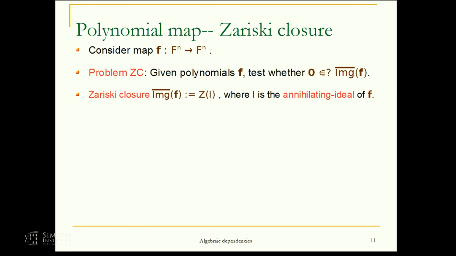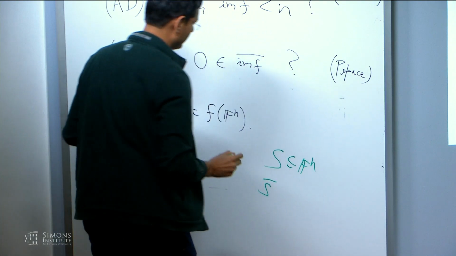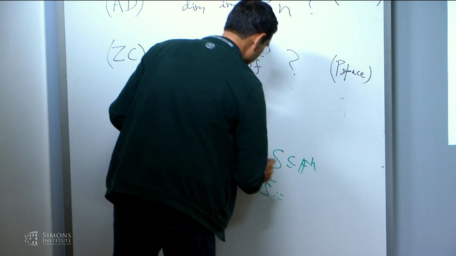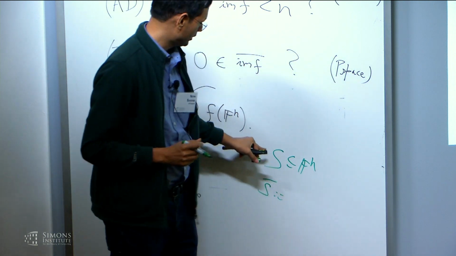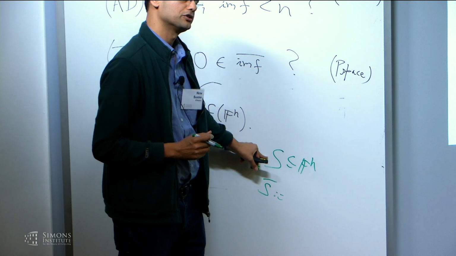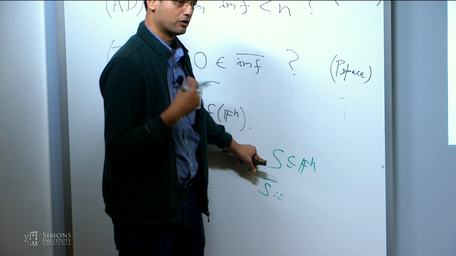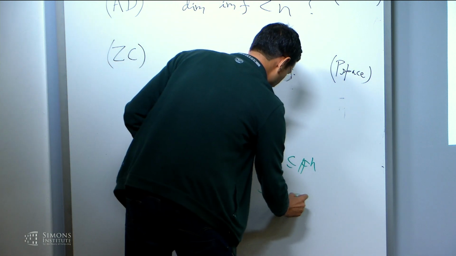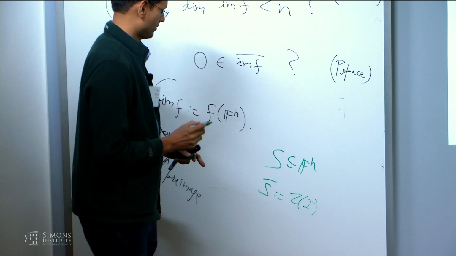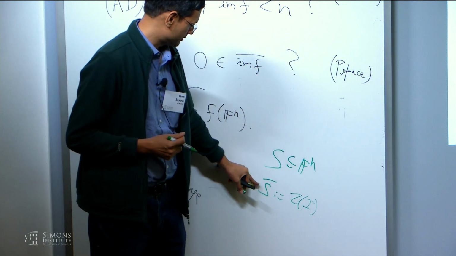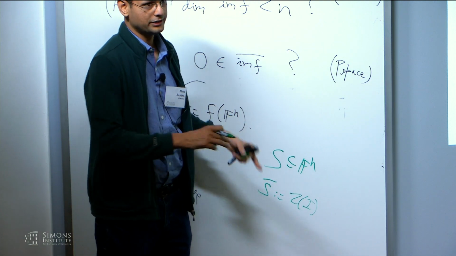Well, Zariski closure is basically this: in general, if your set is the image of f, for a set S in the space, S bar is defined as follows. Look at all the polynomials that vanish on S. The set of those polynomials will form an ideal, and look at the 0 set of that. It is possible that S bar is equal to S, but usually it will increase.